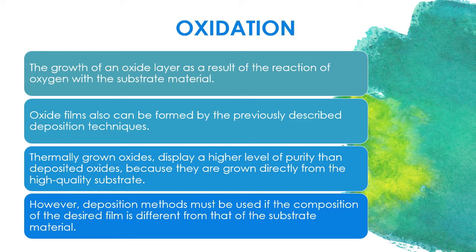Thermally grown oxide will display a higher level of purity than deposited oxide, because it is grown directly from the high quality substrate. However, the deposition method must be used if the composition of the desired film is different from the substrate material. So there are two methods we can use: one is thermally grown oxide, and the other is deposited oxide.